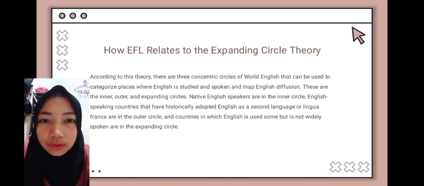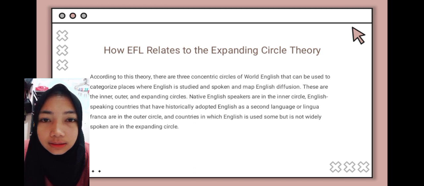Native English speakers are in the inner circle. Countries that have historically adopted English as a second language or lingua franca are in the outer circle, and countries in which English is used some but is not widely spoken are in the expanding circle.